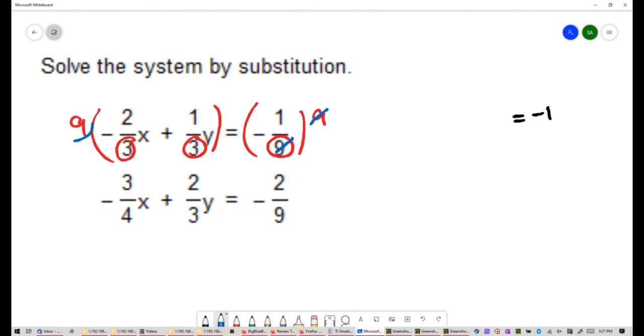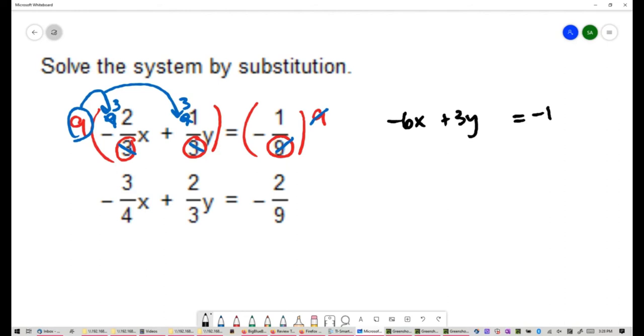On the left-hand side, I'll distribute that 9 to both terms. 3 goes into 9 3 times, and we'd have a negative 6x there. And 3 goes into 9 3 times, and we'd have a plus 3y. So we were able to clear the fractions from that first equation.